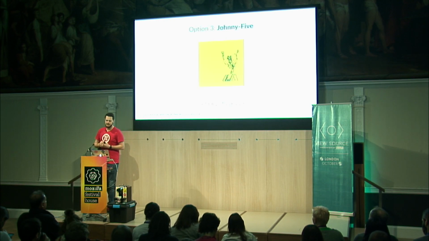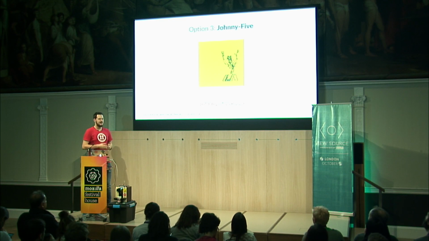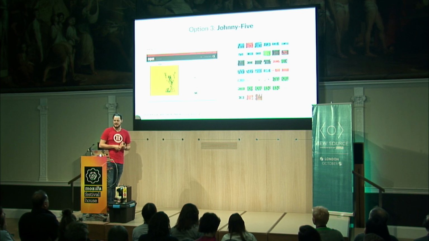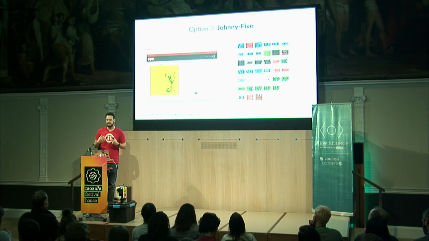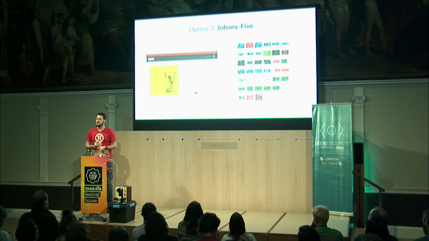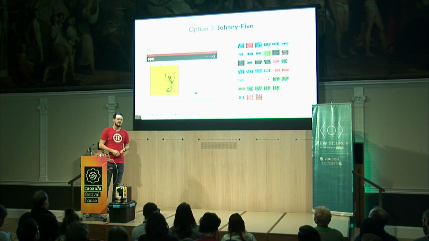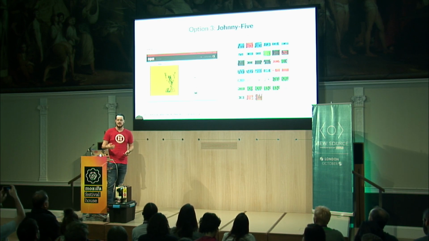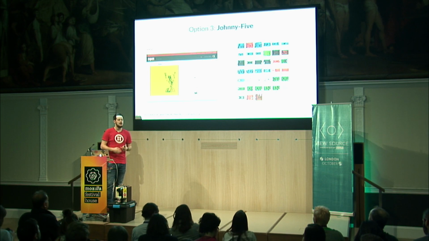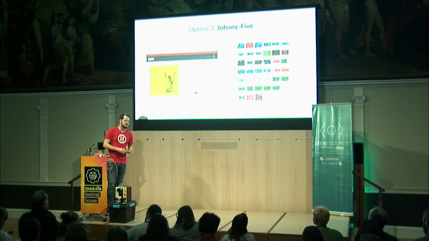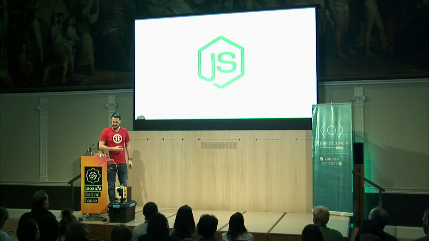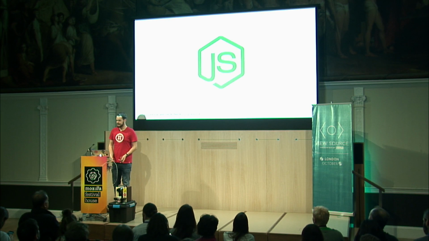And then the last alternative was Johnny-Five. Johnny-Five, contrary to the other two projects, isn't related to any hardware. Instead, it is a Node module that allows you to interact with different pieces of hardware. Initially, this was with Arduinos via the Firmata protocol. But you can also connect this to all sorts of other hardware microcontrollers, like, for example, the Particle Photon or similar. And this means that we can, again, use the full power of Node.